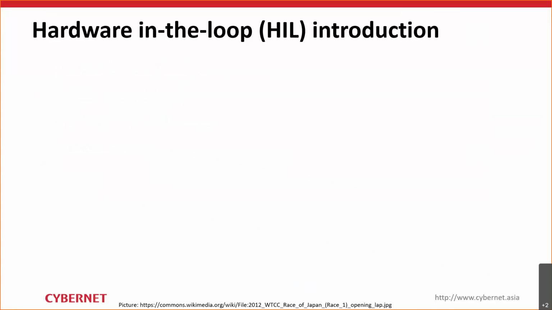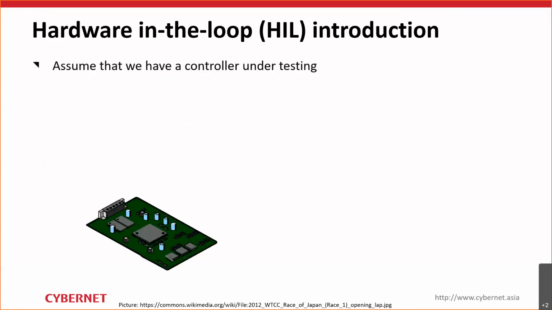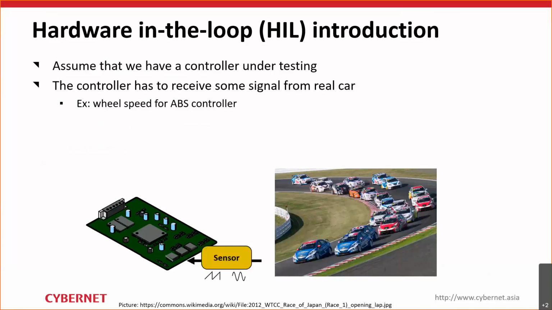Hardware in the loop, also known as HIL, is a controller design and testing method. Let's assume that we have a controller under testing. The controller has to receive some signals from a real car. For example, an ABS controller will have to get the wheel speed from a real car.